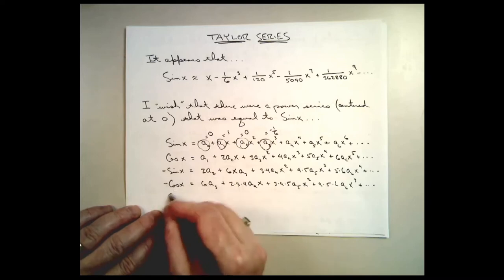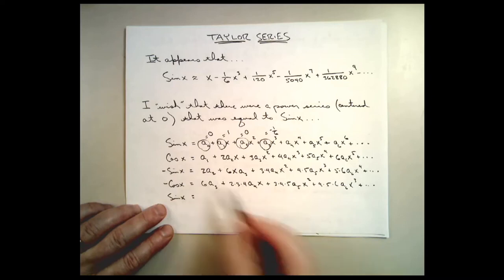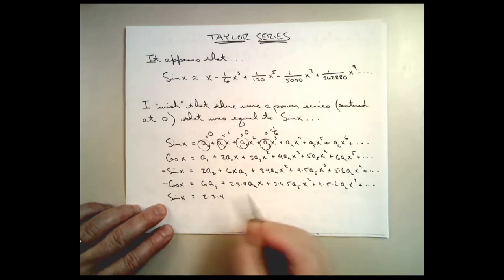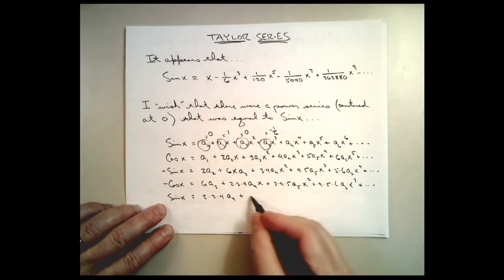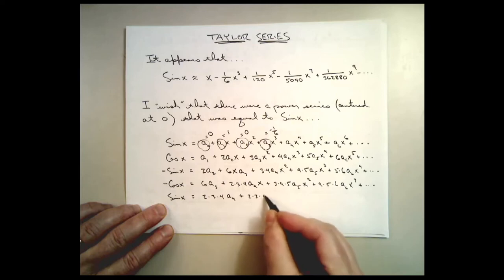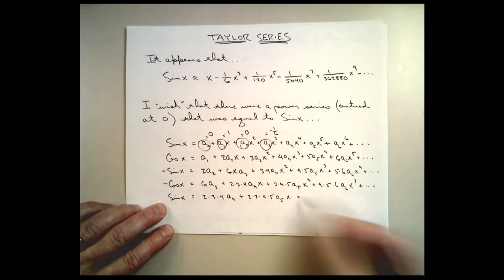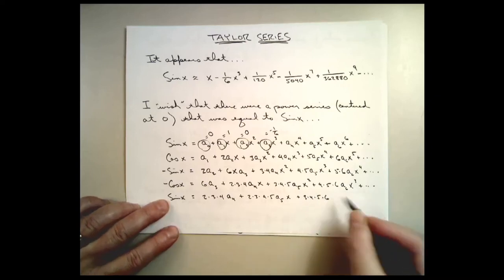Derivative of negative cosine x is sine x. And can we see what's happening? The derivative of a constant is 0. The next term I'm going to write down is 2 times 3 times 4, a4. And then I'll have 2 times 3 times 4 times 5, a5x. I'll have 3 times 4 times 5 times 6, a6x squared, and so on.